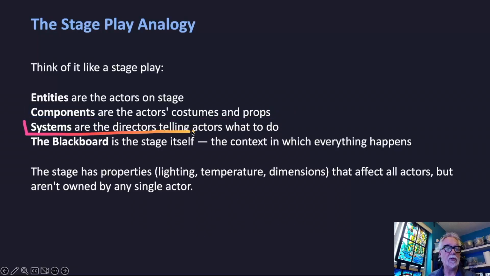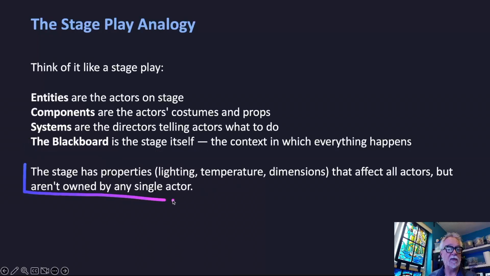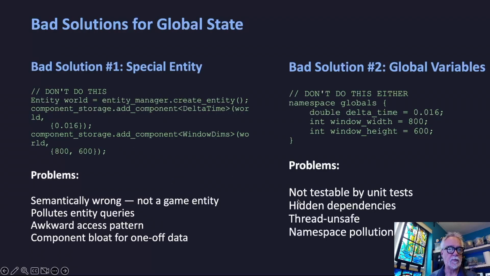And then the systems are the directors that tell, hey, gladiators, all of you move forward. And then the blackboard is the stage itself, the context in which everything happens. So the stage does have some properties. It has lighting, temperature, dimensions. So our game has a window size. Our game has a color scheme. All of these things. The analogy does start to break down, but that's how you can think of it.